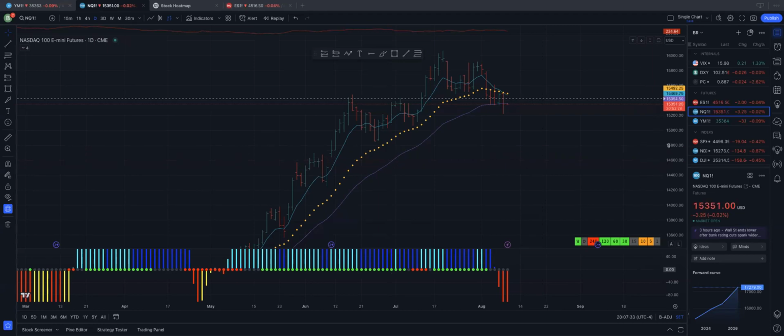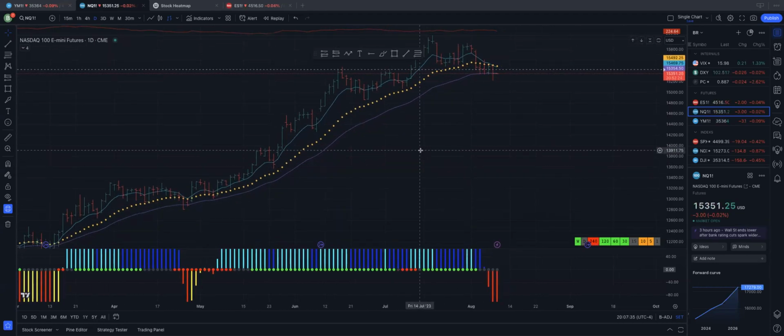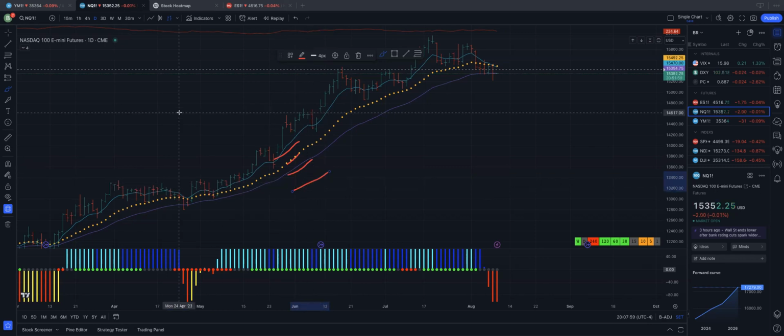So how I identify trends is, if the moving averages are stacked positive, like you've seen here, so the 8 is on top of the 21 and on top of the 34, that indicates to me that we're in an uptrend. It's that simple. We are in an uptrend if these are stacked on top of each other. And if you add the 50 in there, the 50 would be below the 34.